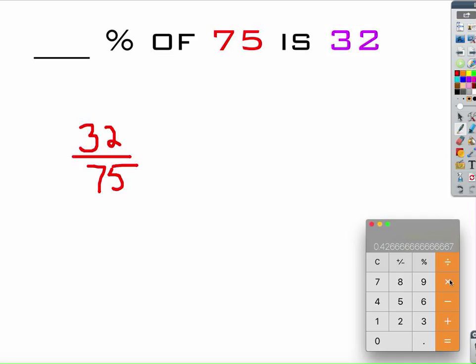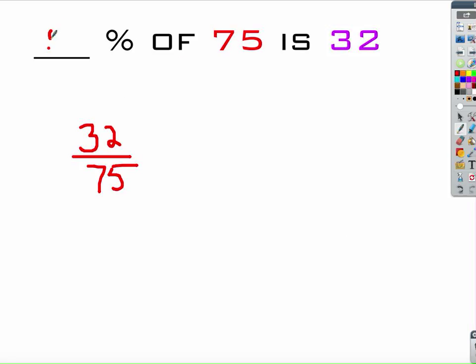And then percent means times that by 100, which basically means we're moving the decimal over 2 spots to the right. If we round this to the nearest ones place, 42.6 repeating would be 43%. So 43% of 75 is 32.